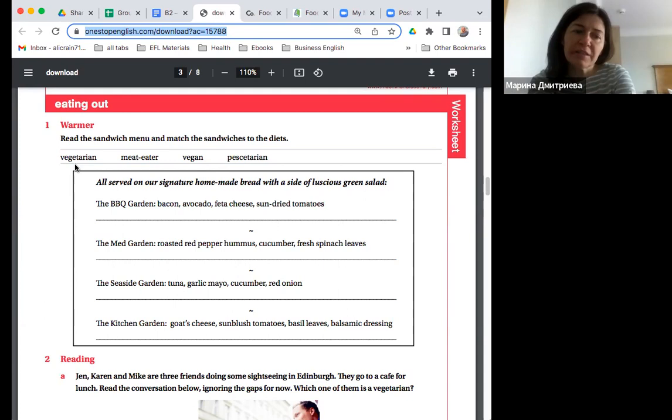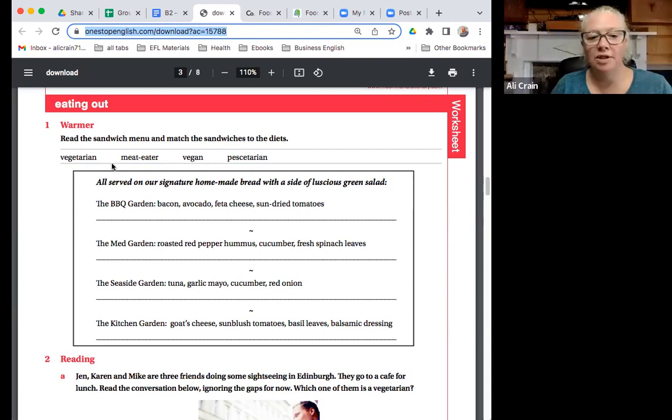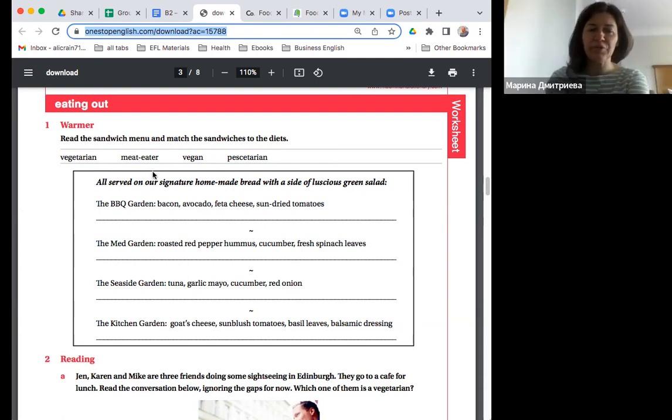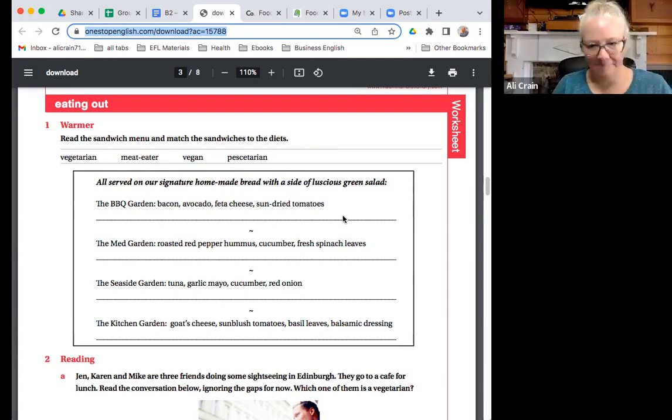But in this case, what is the difference between pescatarian and vegetarian? A pescatarian is someone who is a vegetarian, but includes eating fish. So the vegetarian refuses to eat fish as well. Yes, correct.